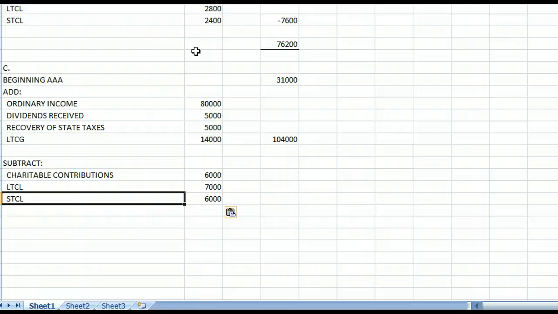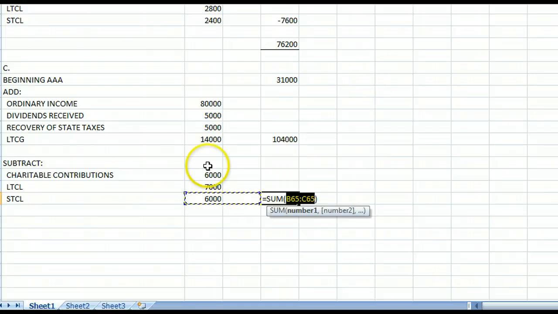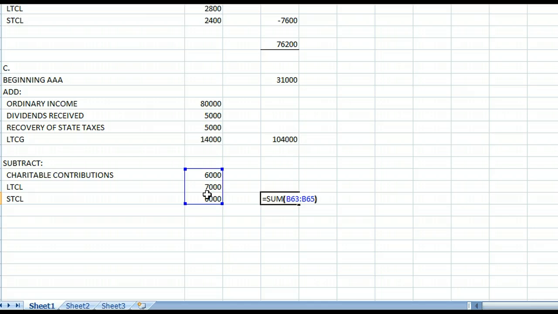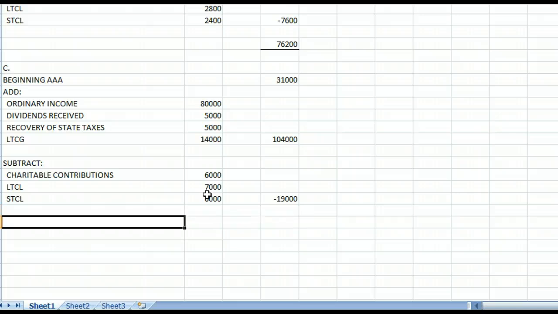Alright, so I've got those listed. Those are going to be my subtractions. So we will do an auto sum, these three, and make that a negative because it is a subtraction. And then what we'll end up getting is our ending AAA.